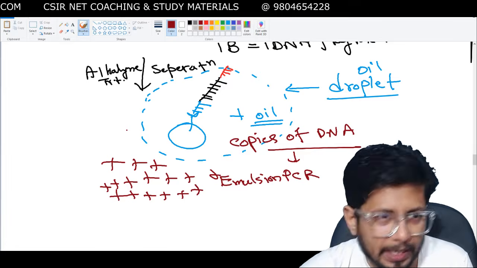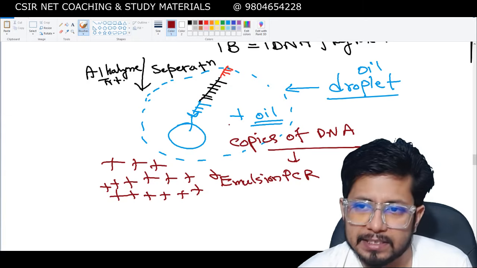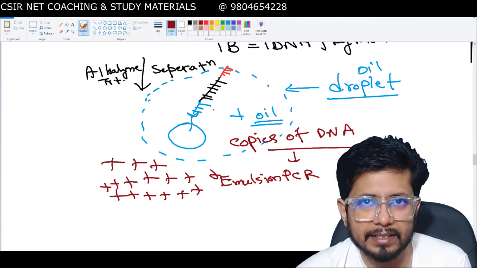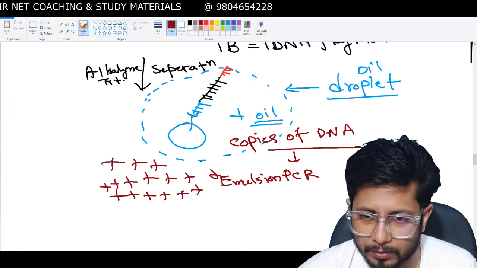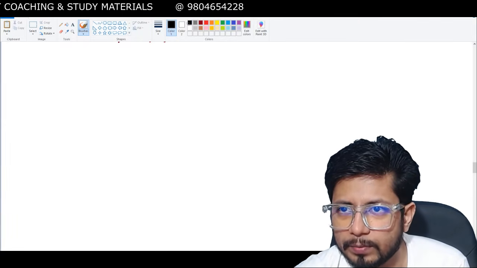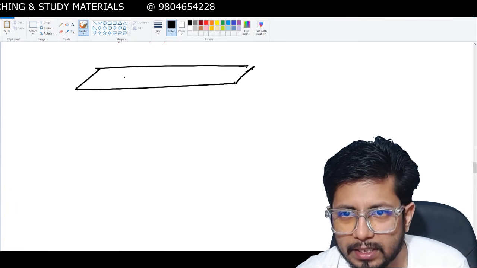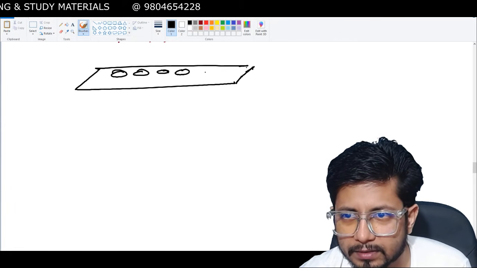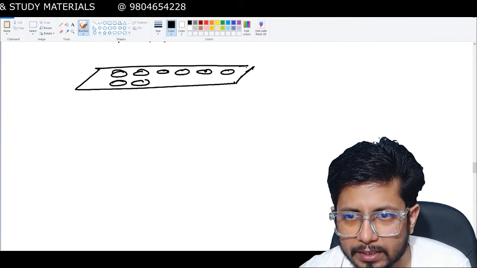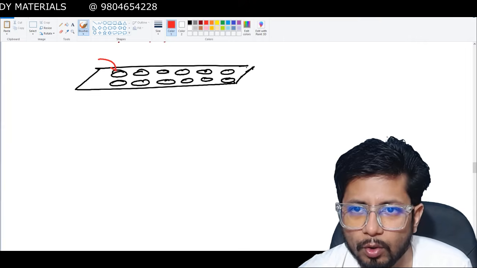So a plate with wells in it, and multiple wells are present in there, and these beads containing the target DNA will be loaded into the wells. So basically we have this glass slide. Let's say this is the place where multiple wells are present, and in those multiple wells we will load.